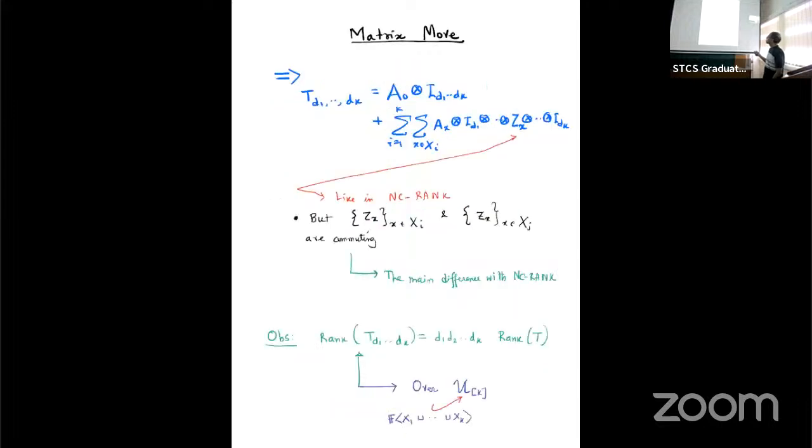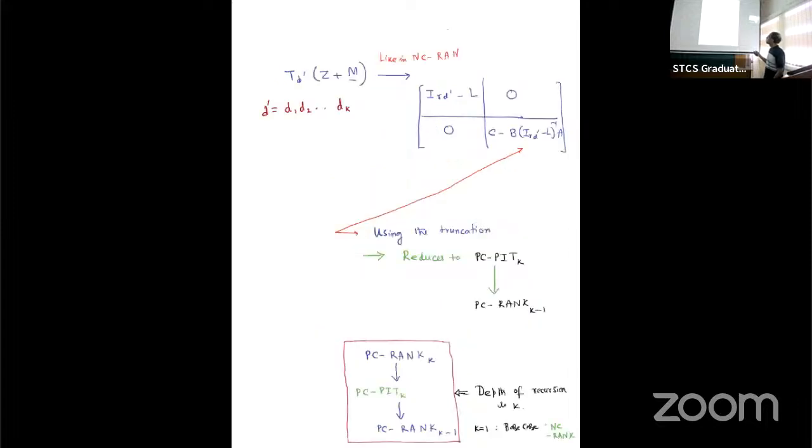The Z matrix lemma will change to the tensor shape, and you identify this rank of T and the rank of the new matrix, just like we did in the non-commutative case. You again do this translation business. Here you land up with a PIT problem over K buckets that you reduce to a K minus 1 bucket problem. So the depth of the recursion is at most K.